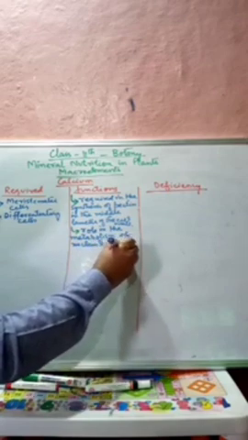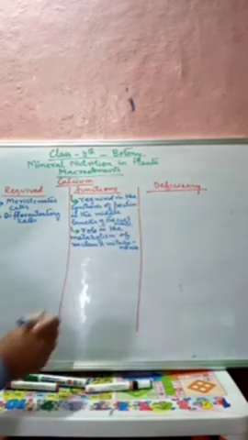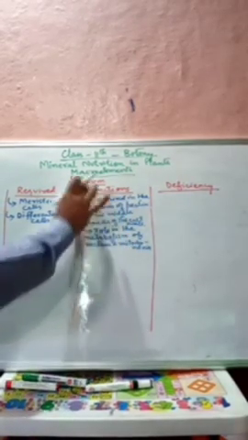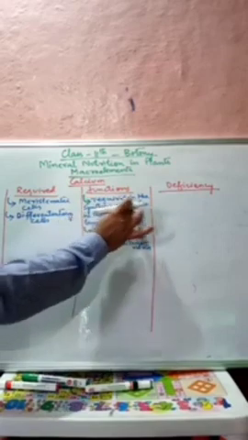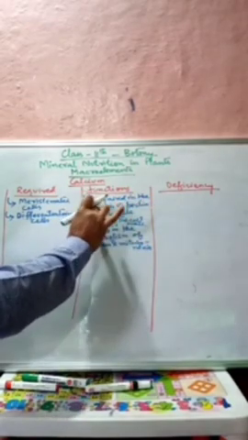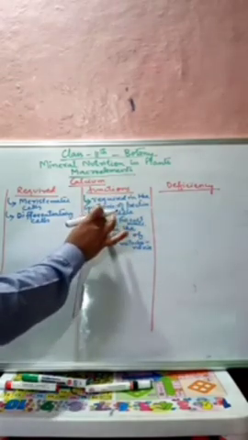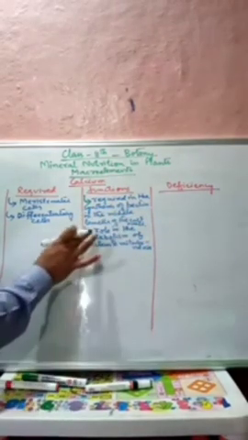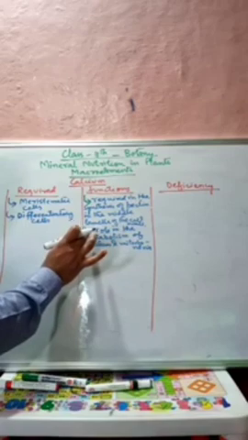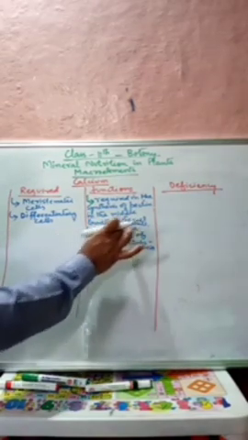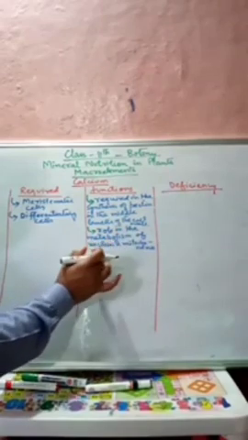So, first, it plays an important role in the synthesis of pectin, which is used in the middle lamella of the cell wall. Second, it plays an essential role in the metabolism of nucleus and mitochondria.